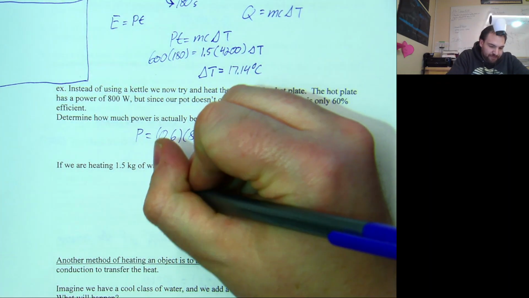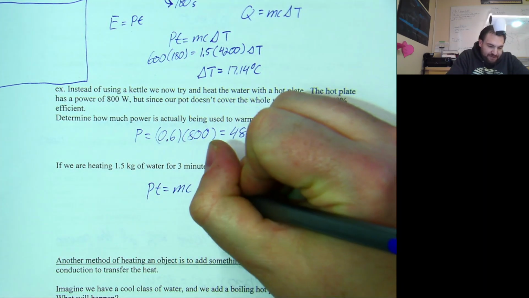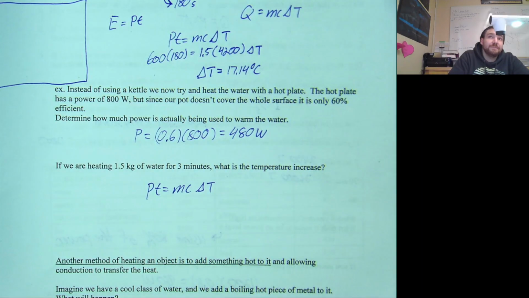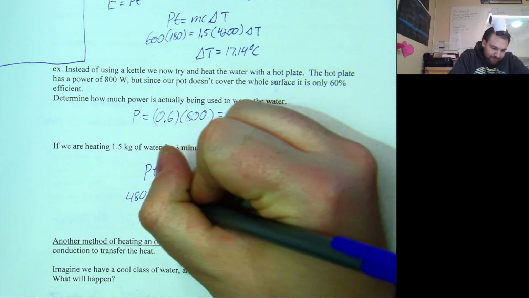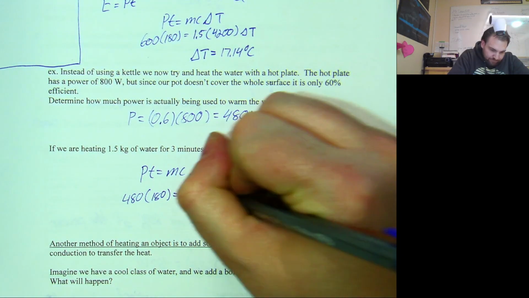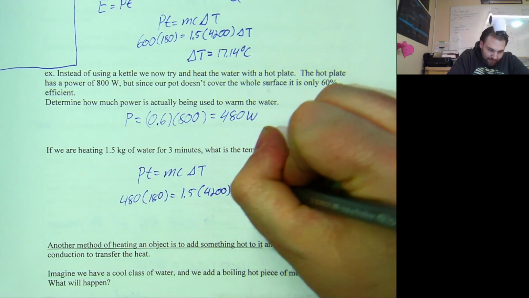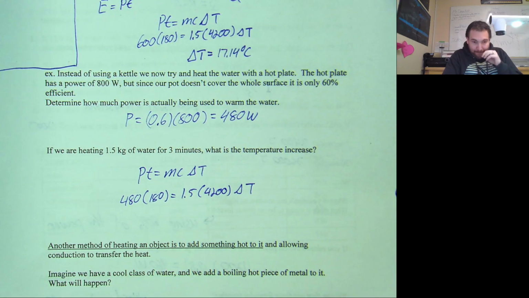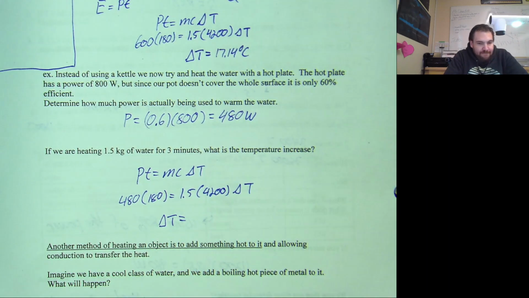So power times time equals mass times specific heat capacity times change in temperature. Let me know what you get.